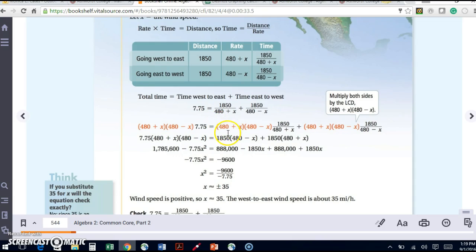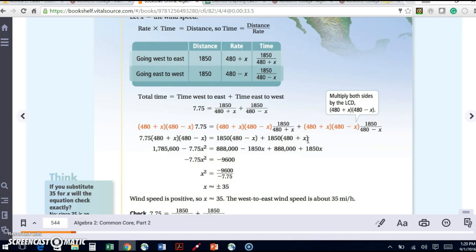When I multiply, my 480 plus x's cancel out, and my 480 minus x's cancel out. So I have 7.75 times 480 plus x times 480 minus x equals 1850 times 480 minus x plus 1850 times 480 plus x.